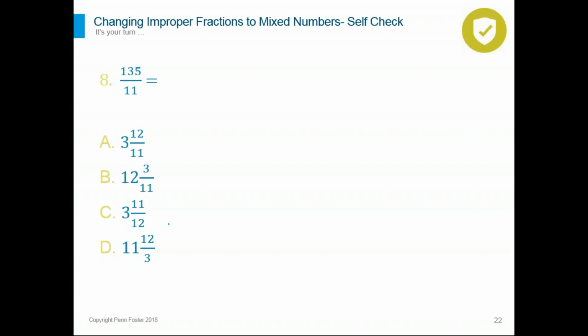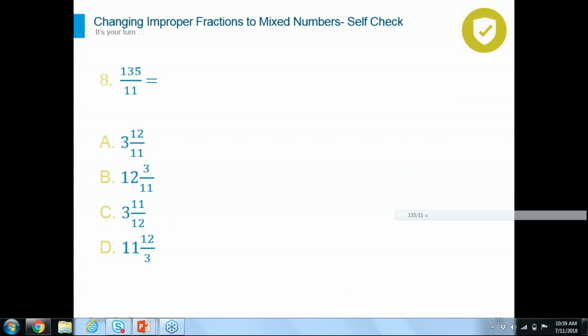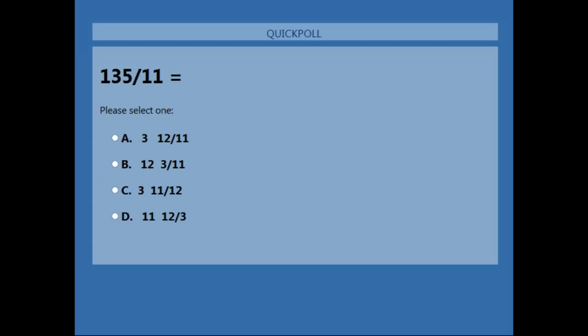So do the division, find the whole number part, write the denominator, and then find the remainder, or the difference between the original numerator and the product. What would be the mixed number value of this improper fraction? And here is the question.